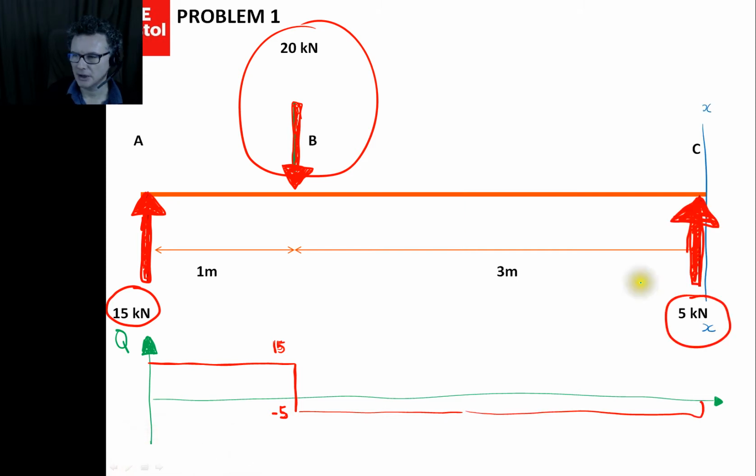And when I get to the end, what I've got to imagine is I've just gone a little bit to the right of the end of the beam there. So when we've gone a little bit right, that means we're going to have an upwards 5. So that means we're going to end up at 0 there. And hey, it's 0.